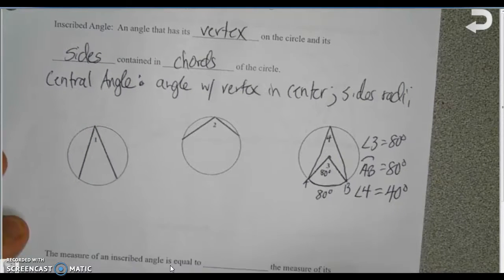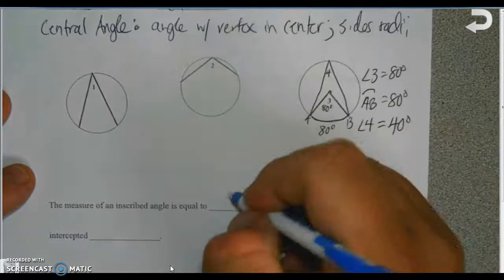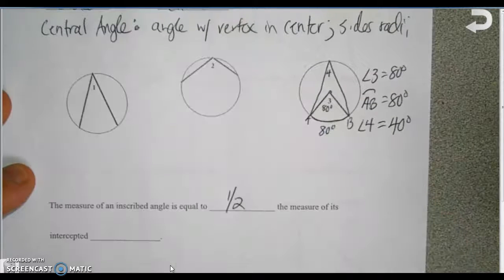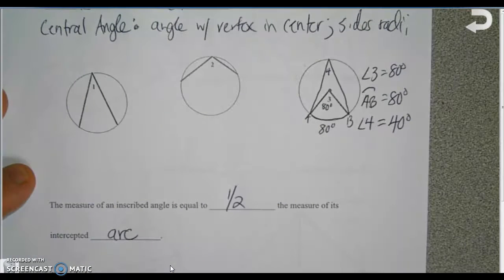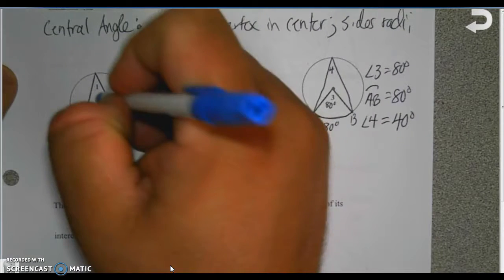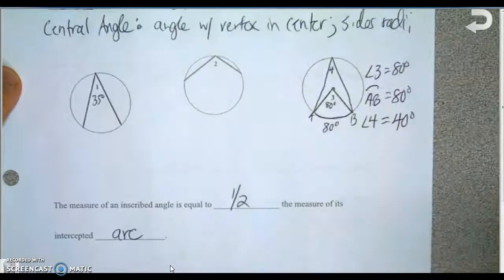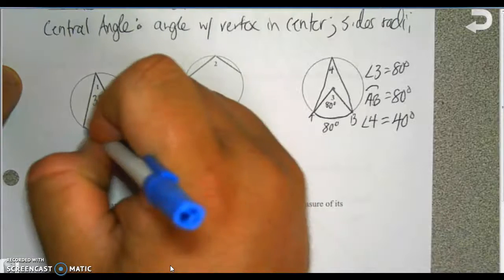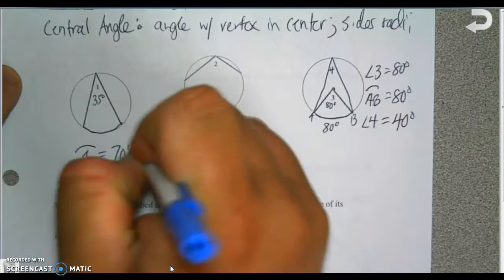And so that's our rule. The measure of an inscribed angle is equal to half the measure of its intercepted arc. So we can do this kind of 2 ways. If I tell you that angle 1 is 35 degrees, then you could tell me that arc 1 is 70 degrees.